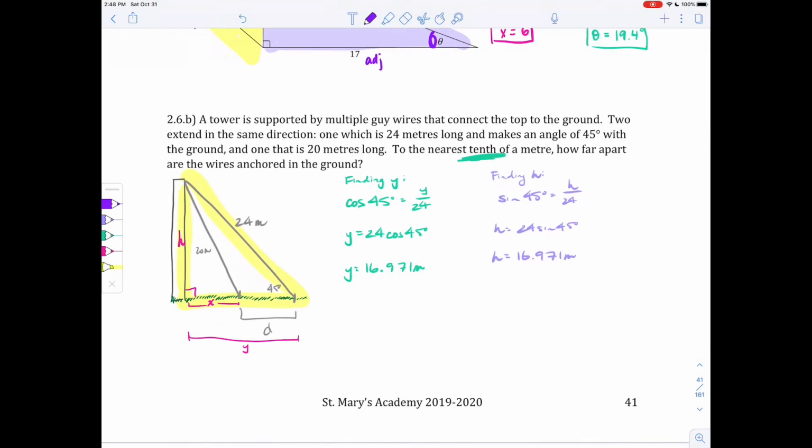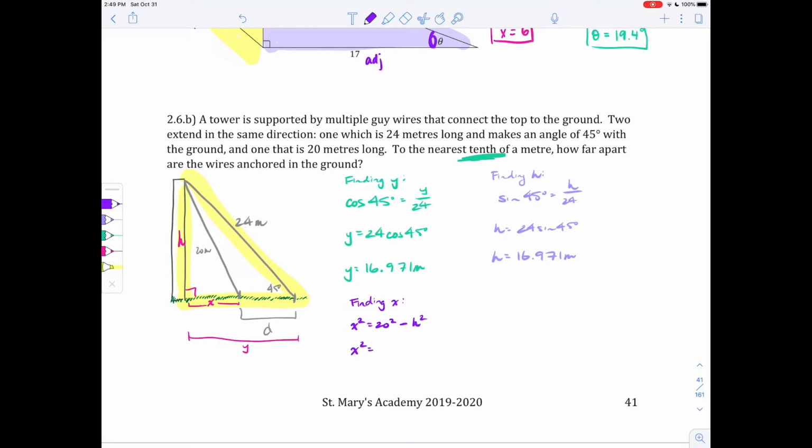Well, time to find x. For x, I don't have any angles in that triangle, but I do have two sides. So they're all linked with our good friend Pythagoras. And I can say that x squared is 20 squared minus our value of h squared.